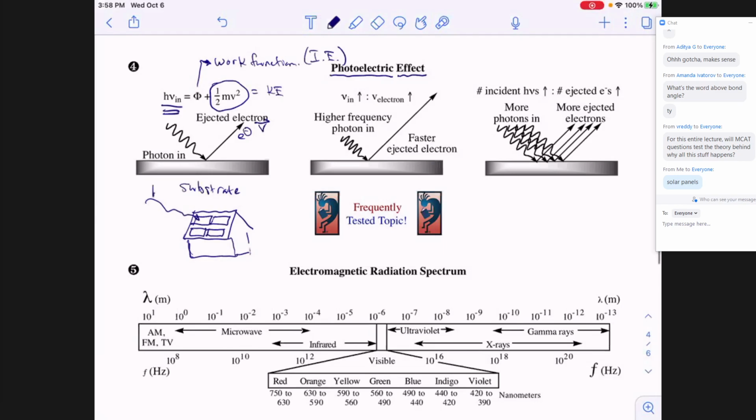So light from the sun, which is an electromagnetic radiation or wave, hits a substrate. That substrate ejects electrons, except the electrons are now controlled down a rod that goes into your house, that goes into a power box, right? And that power box gets distributed to the rest of your house as electricity.